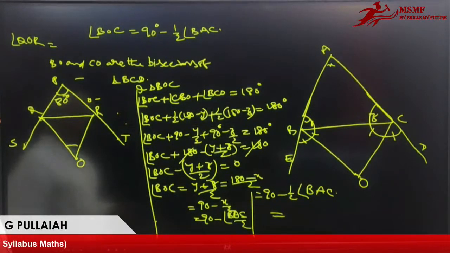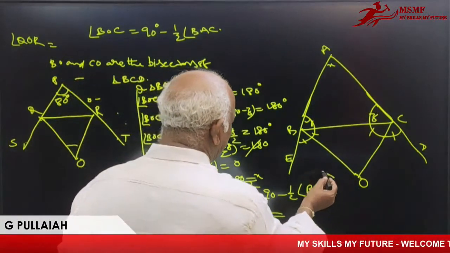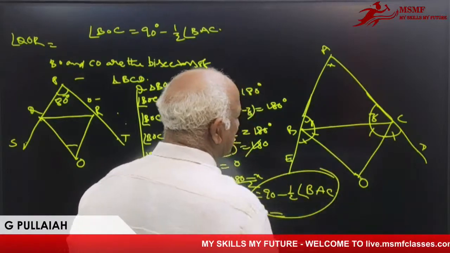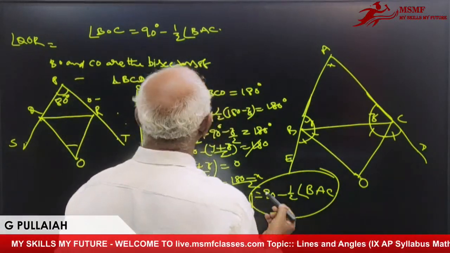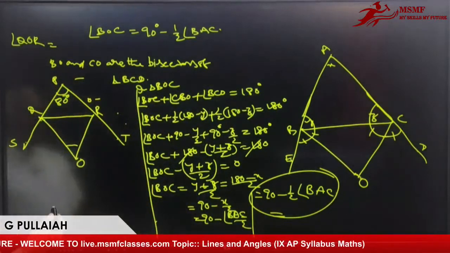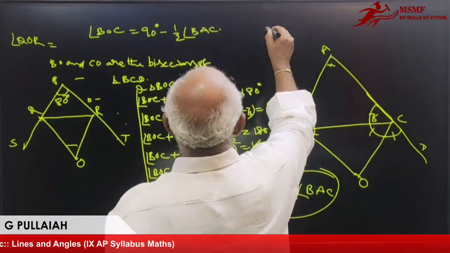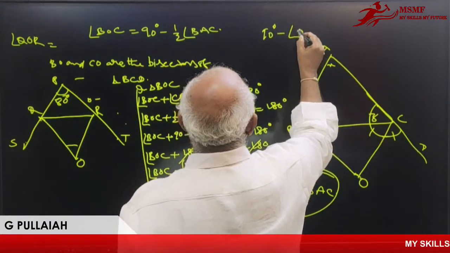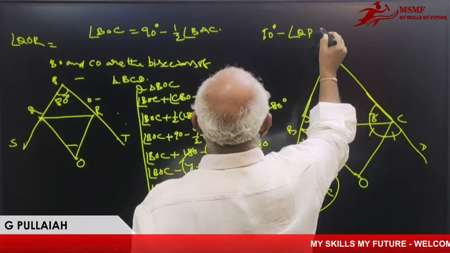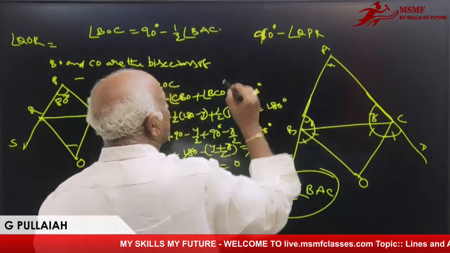And just now we learned that the angle formed by joining the bisectors of the exterior angles is 90 degrees minus half of the vertex angle. In this problem we can set this as 90 degrees minus half of angle QPR. You need not do the entire problem.